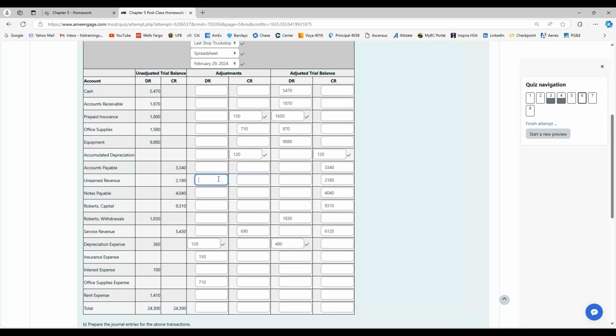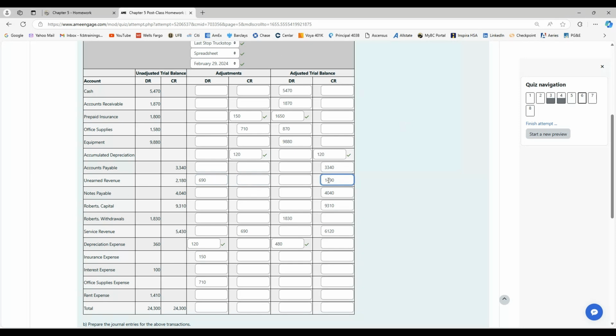So this should not be $2180, it should be $2180 minus the $690 that we earned, to leave us with $1490.